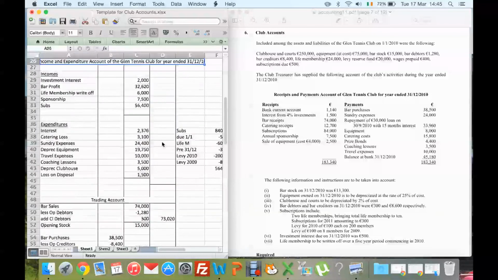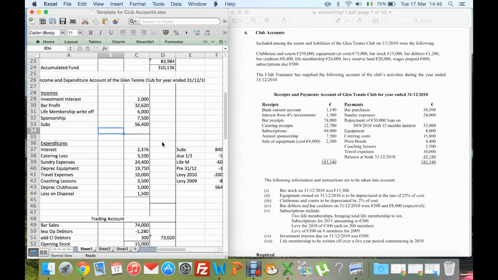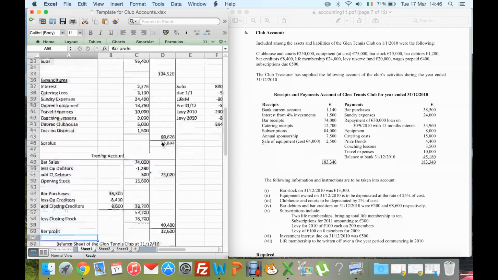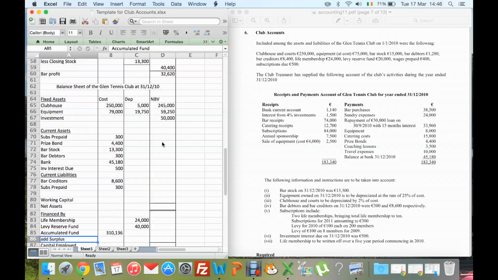We've already got our profits, so we just need to add up all of our incomes. We have all of our expenditures. And that's our surplus. And that's D46, so we're going to put that down in our balance sheet.